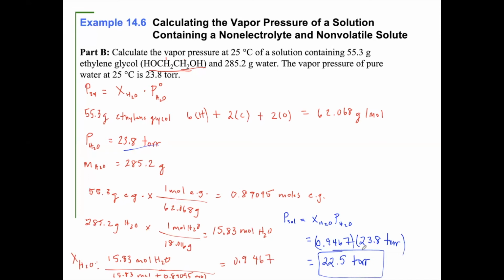There you go. It makes sense because the value is lower than the pressure of the pure solvent.